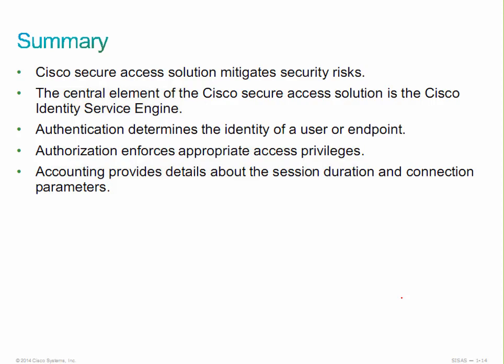What is authentication? How do we identify an endpoint or a user? What is authorization? What are you allowed to do? What kind of access control are we applying to that particular individual that's been authenticated? And then finally, accounting: being able to identify different components of the session, the duration of the connection, different parameters of the connection, and so on. All right, so that's lesson number 1.